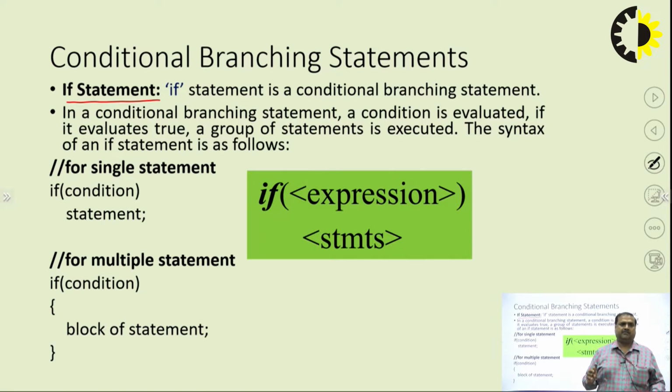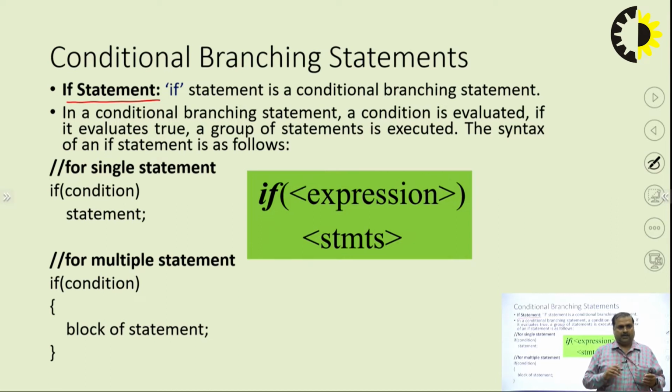If it is evaluated to false, that set of statements is skipped for execution. That means the execution path will not go through those statements if the condition is false.